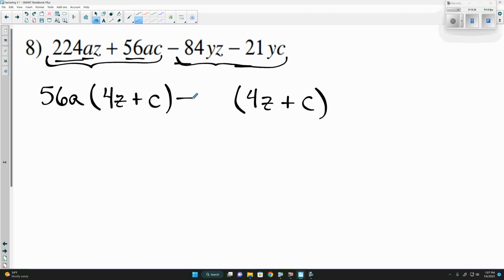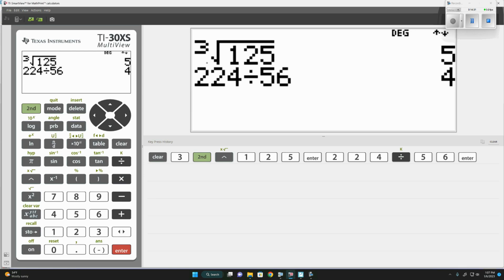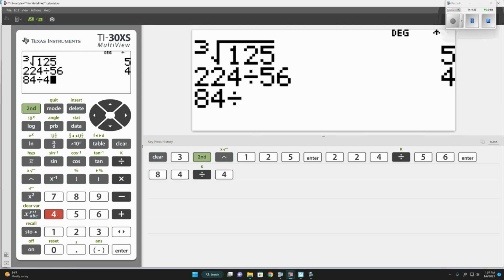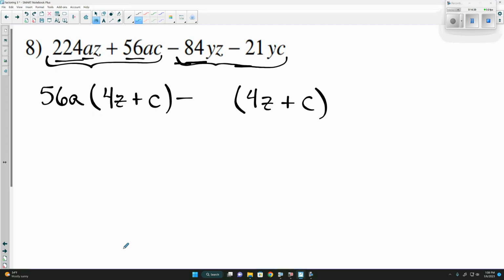Well, let's see what, if I divide 84 by 4, let's see what we get. 21. Okay, well, that means both of these here are divisible by 21 and 7. But 21, because if I factor 21 out of 84, I get 4, yes? Which is what we wanted.